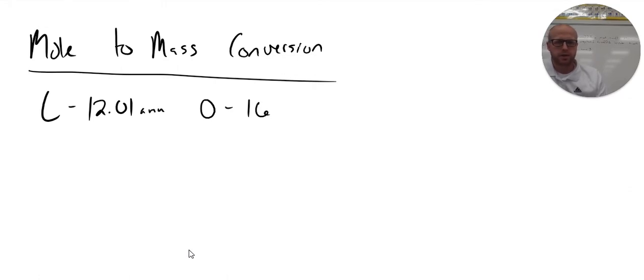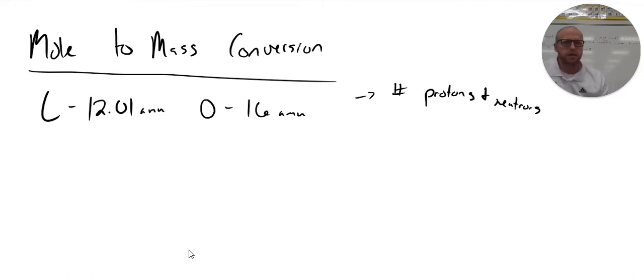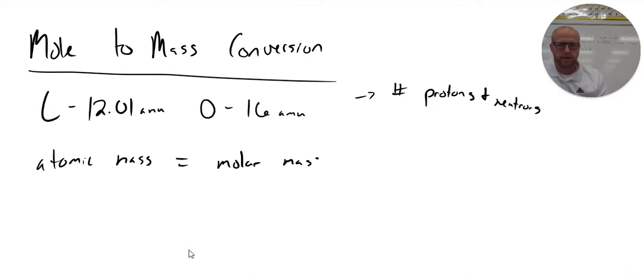Okay, so the atomic mass tells me the number of protons and neutrons that are in each atom. It also tells me something else. The atomic mass is also equal to the molar mass. Well, what is molar mass?